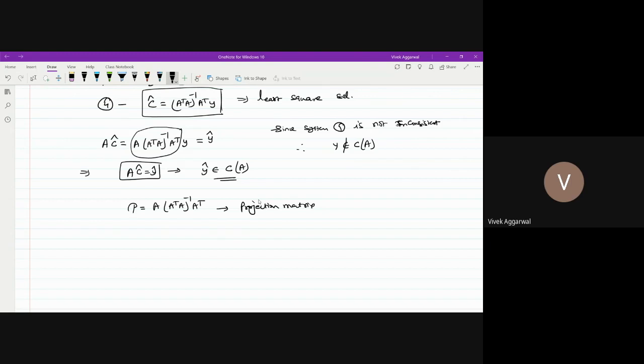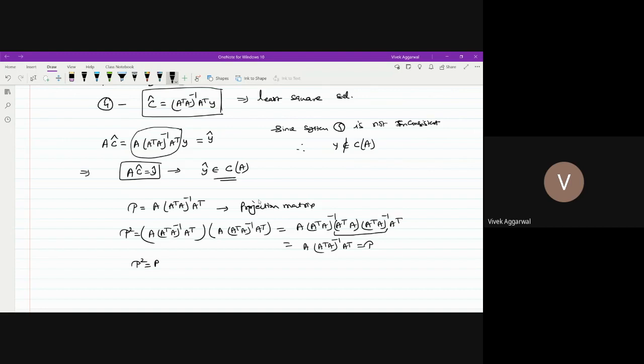And you know that if I take P square, then it is A A transpose A inverse A transpose times A A transpose A inverse A transpose, and if you multiply this, A transpose A will cancel out, and I will get A transpose A inverse A transpose, which is again the value P. So I can say that P square is equal to P. This is the property of the projection matrix.